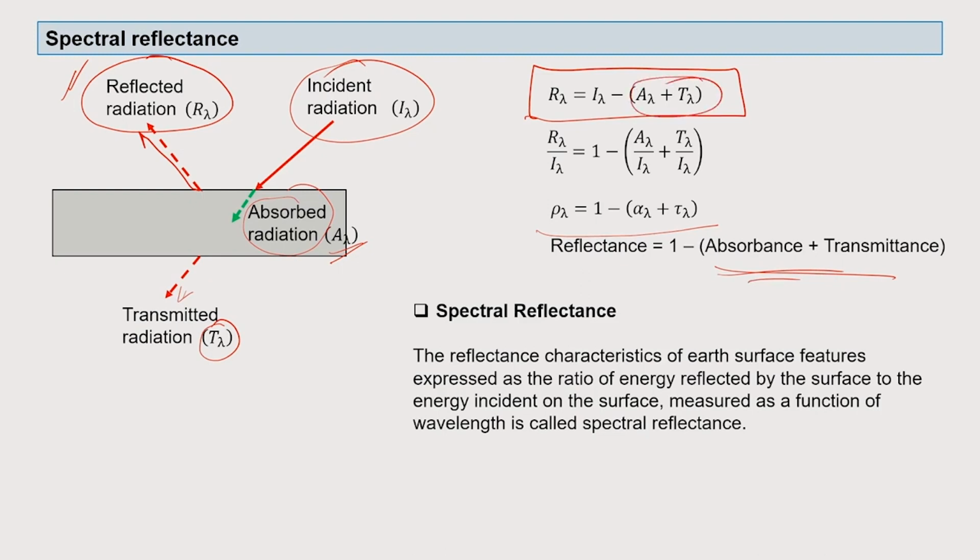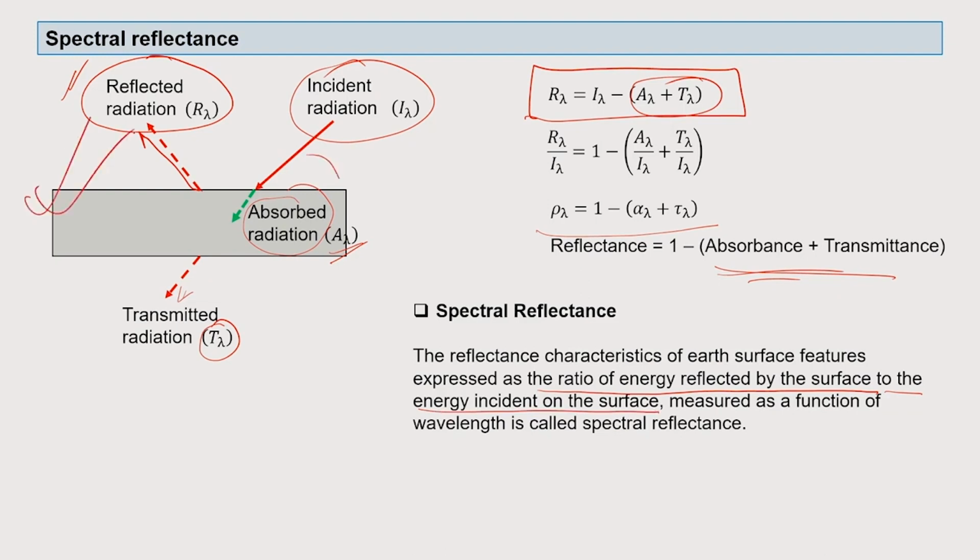The spectral reflectance is a very important part of the remote sensing aspect. The reflectance characteristics of Earth surface features, it could be vegetation, land, or water bodies, are generally expressed as the ratio of energy reflected by that particular surface to the energy incident on the surface.